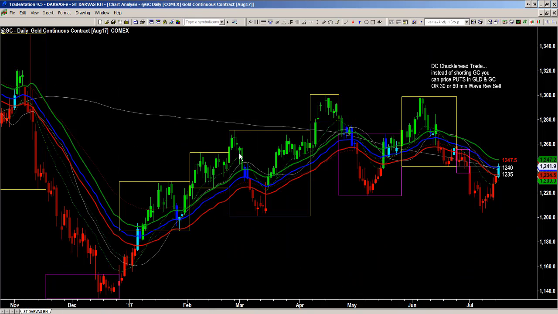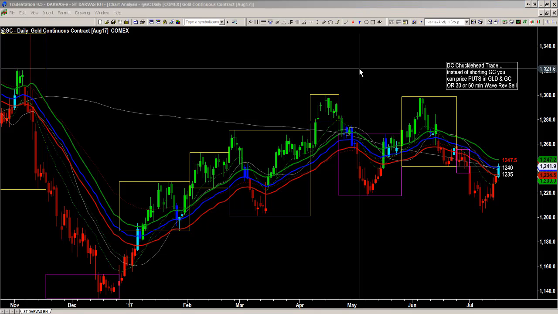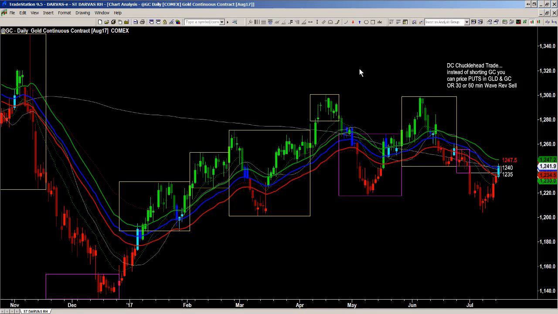So starting off with gold, a couple things here. You can see here, this is the DC chucklehead trade. That's what I'm calling it. Anytime we've got any kind of political gridlock, any kind of shenanigans emanating from the nation's capital, we're going to see the US dollar take it on the chin.